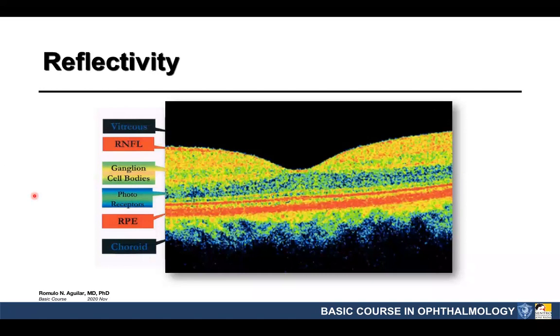Here you will see what I'm talking about. The vitreous is usually black because it has very low reflectivity. The nerve fiber layer will be red because it has high reflectivity, because light usually bounces back from the layer of the retinal nerve fibers.